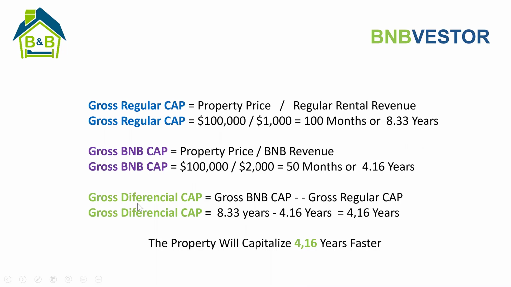Now, the gross differential cap rate is when you subtract the gross B&B cap from the gross regular cap rate, meaning if I take 8.33 years with the gross regular cap and 4.16 years with the gross B&B cap, then it's going to take only 4.60 years less time in order to capitalize that property.